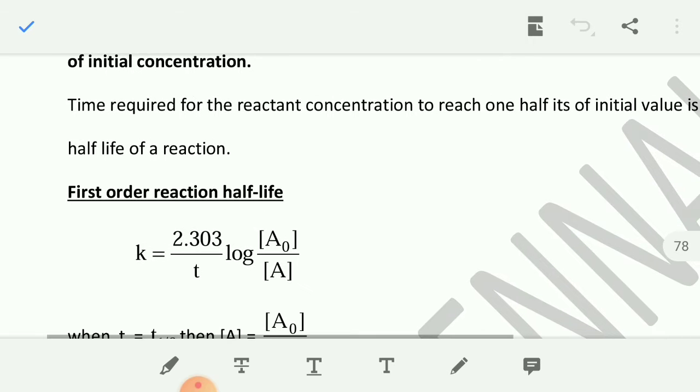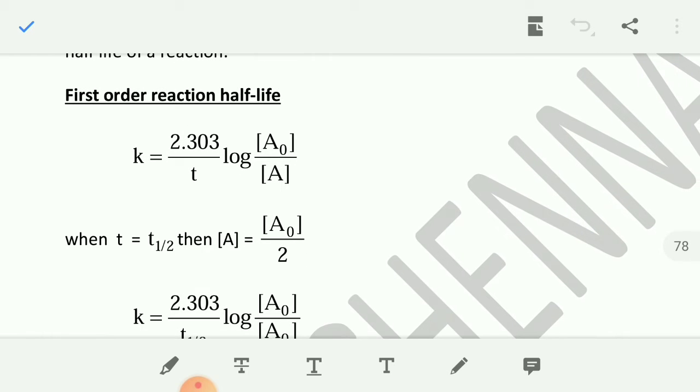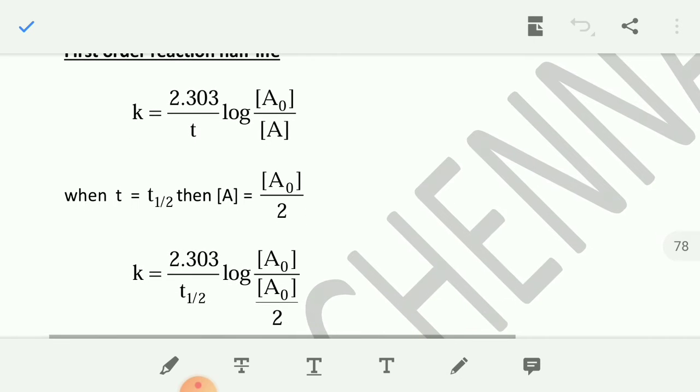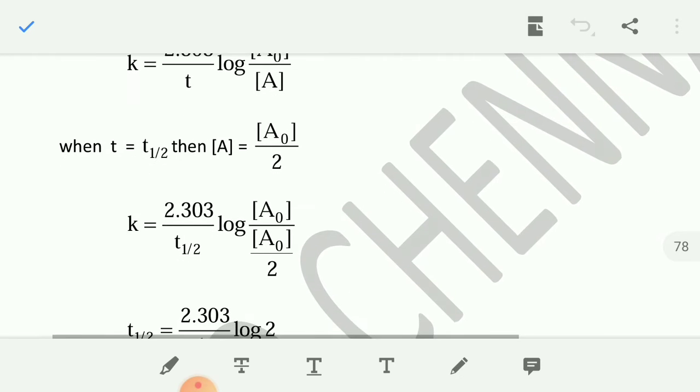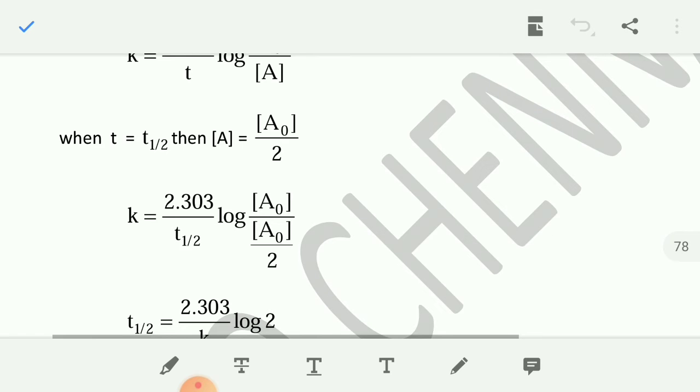So for a first order reaction, what is the half-life formula? k equals 2.303 by t log a naught by a. When t equals half-life, that means t equals t half, then a equals a naught by 2. So k equals 2.303 by t half log a naught by a naught by 2.